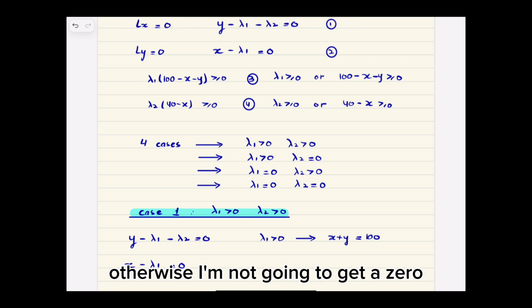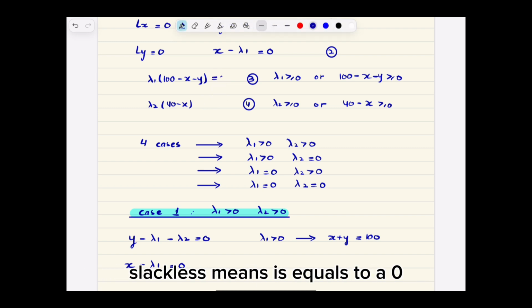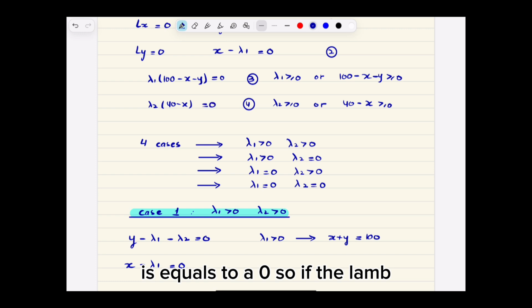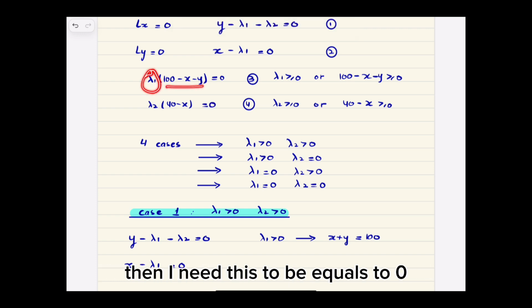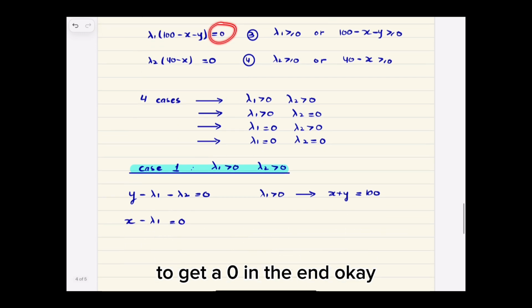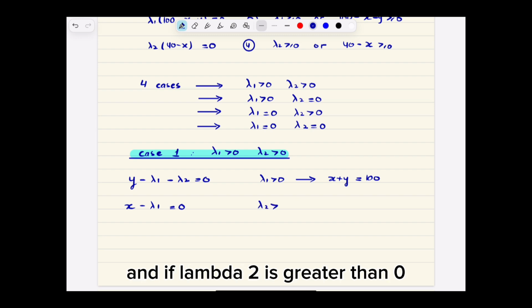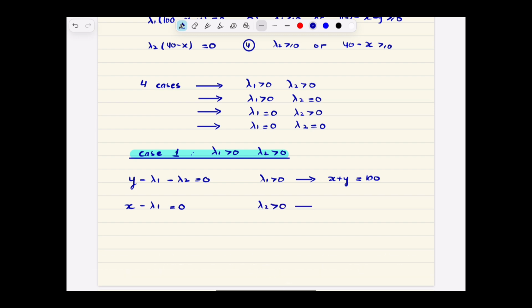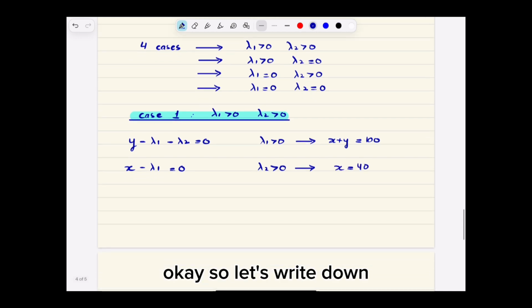Otherwise, I'm not going to get a 0. Complementary slackness means the product is equal to 0. So if the multiplier is strictly greater than 0, then I need this to be equal to 0 to get a 0 in the end. Okay, so I have this one possible, and if lambda 2 is greater than 0, then I will have to have x equal to 40.